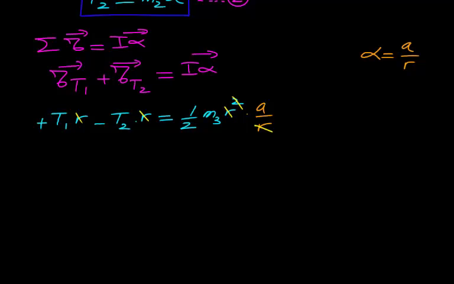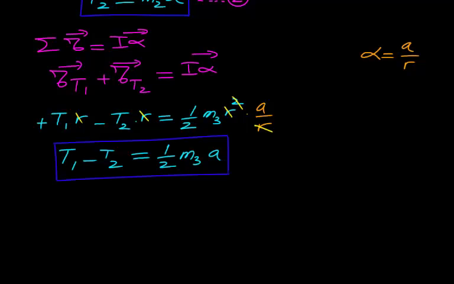No r is left in my equation. Therefore, we are reduced to T1 minus T2 equals 1/2 m3 times a. And this is your third equation that includes the acceleration, T1 and T2.